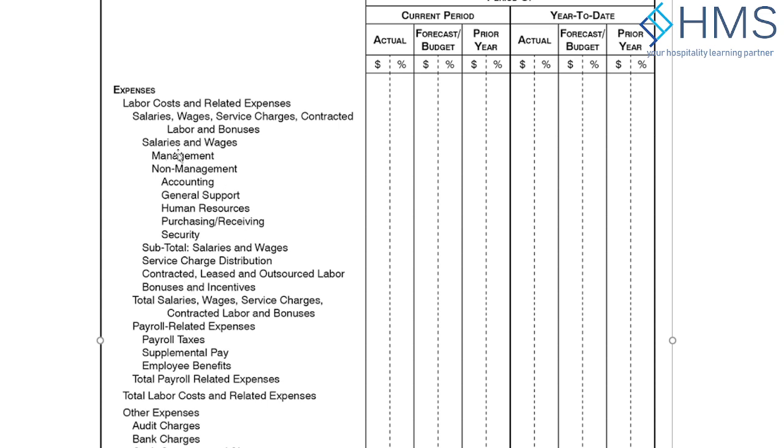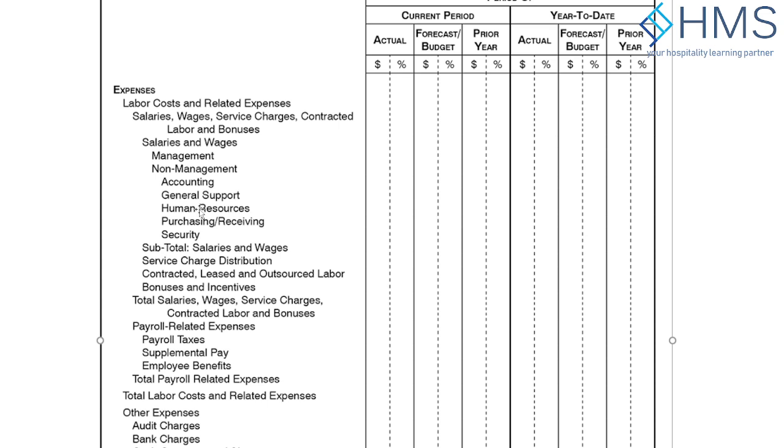Salary and wages are again divided into management and non management, while non management is further divided into accounting, general support, HR, training, purchasing, receiving, and security department. So why do we separate that out? Because the responsibility of managing these departments lies with different individuals.